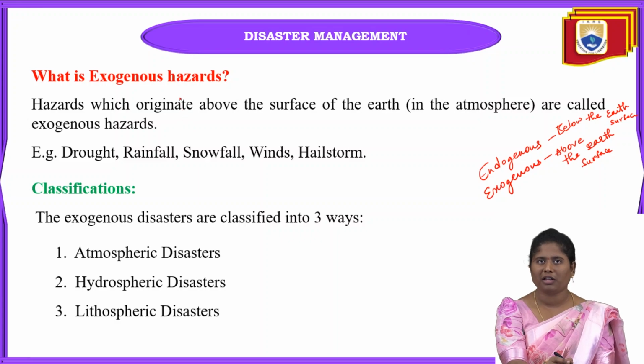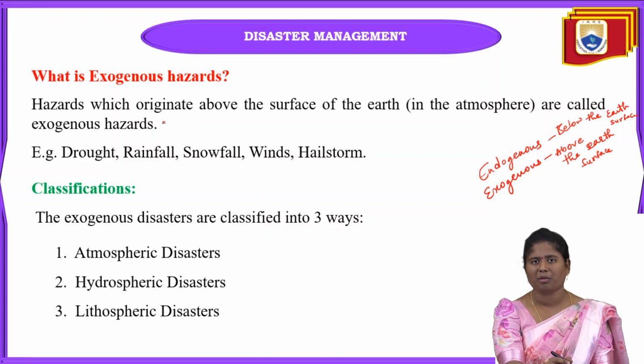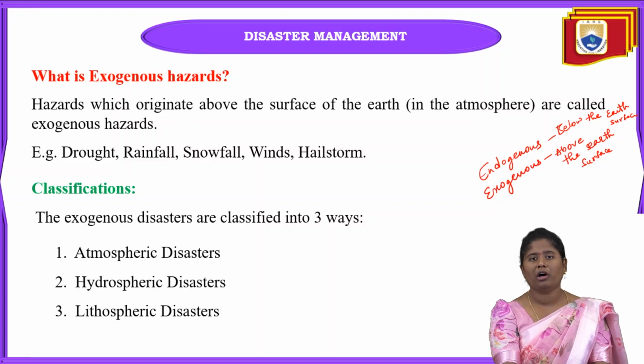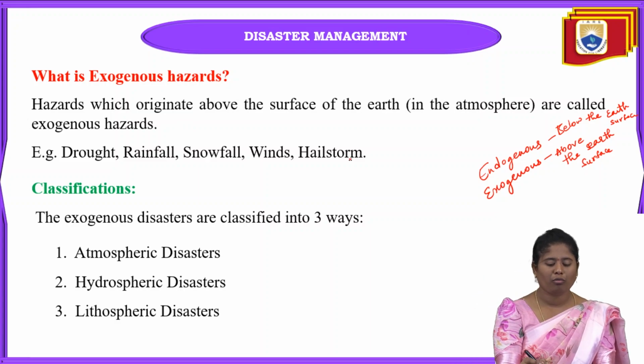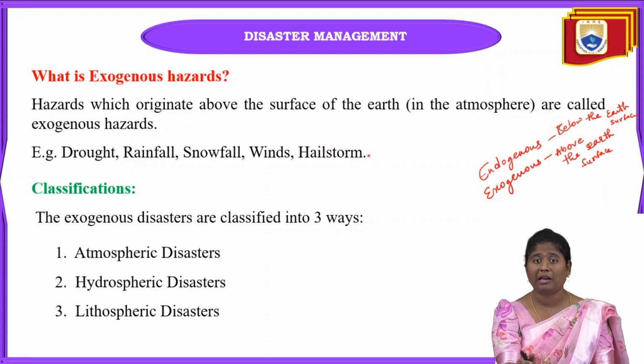And the next one, exogenous hazards, are the hazards or disasters that originate above the earth surface, or in the atmosphere. That is called exogenous hazards. What are the main examples of exogenous hazards? Droughts, rainfall, snowfall, winds, hailstorms, and cyclones.